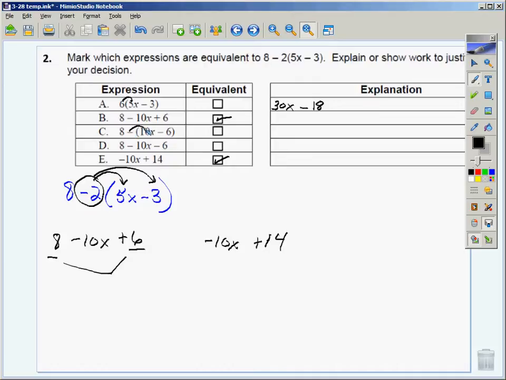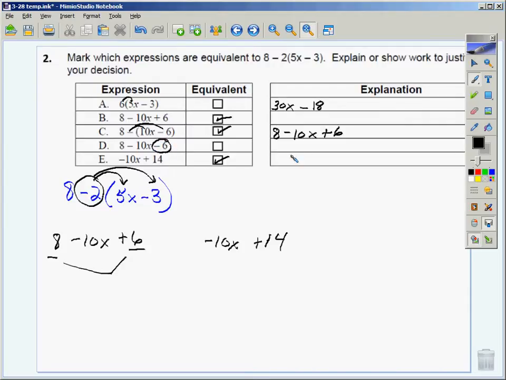Let's take this negative and distribute it in this one. This would be 8 minus 10x. But what's a negative times a negative? Positive 6. Does that look the same? So this one's also equivalent. What's wrong with part D?